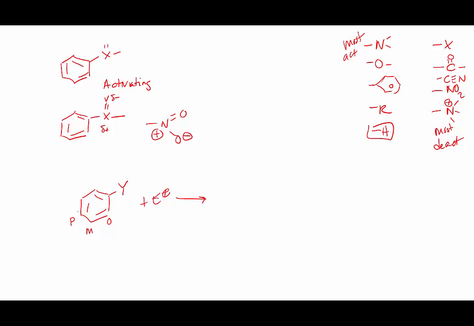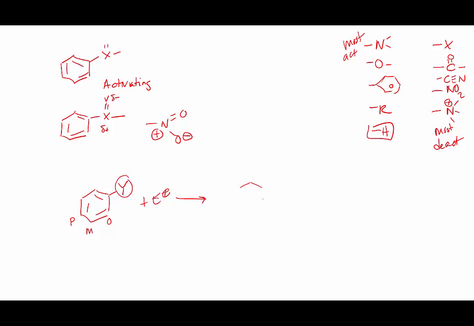Is there a system to this? Is it just random? What's the regioselectivity? And it would be really nice if there was no system. If this was just random, we'd say it's just random and move on, but it's not. It depends on what Y is.